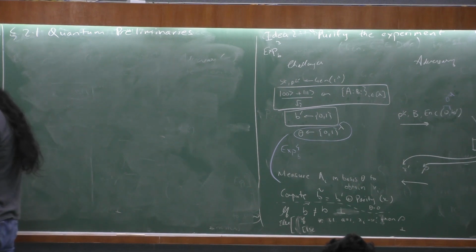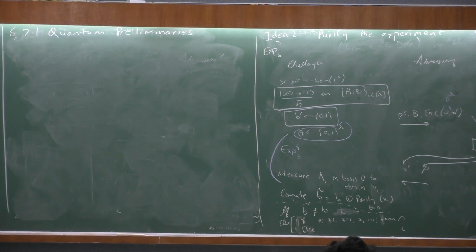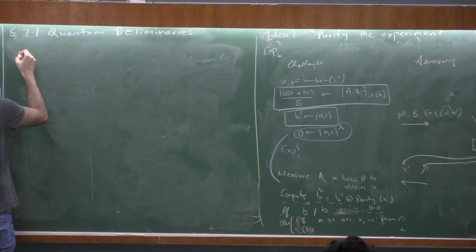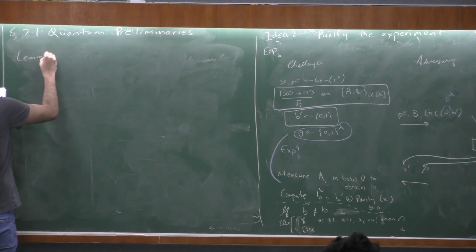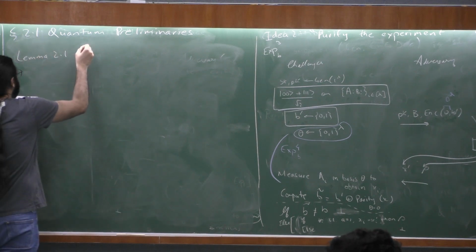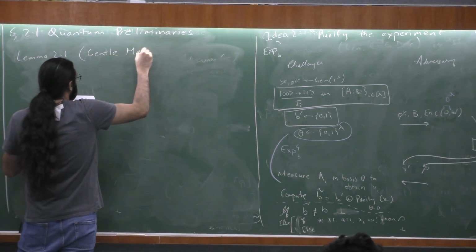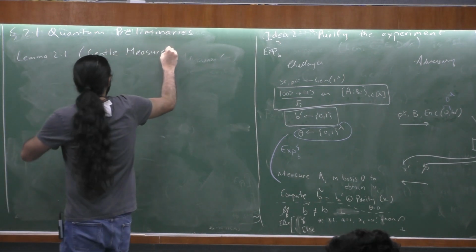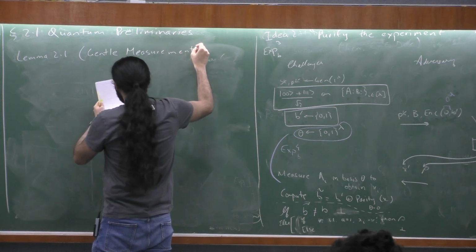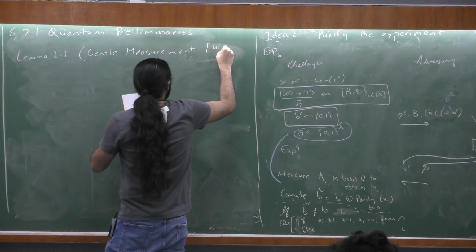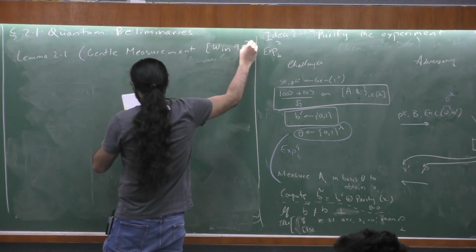All of this stuff you know. Trace distance you know. We'll need the standard quantum notation which you already know and we discussed at length. There's this thing called a gentle measurement. I guess we'll stop after defining the gentle measurement.